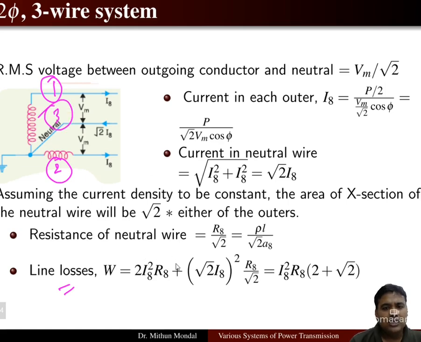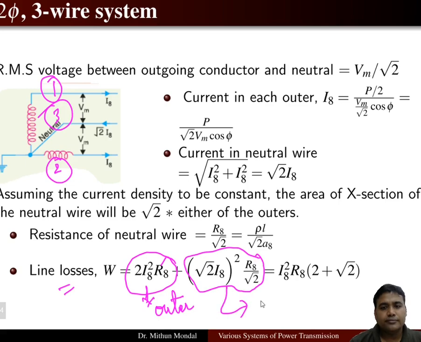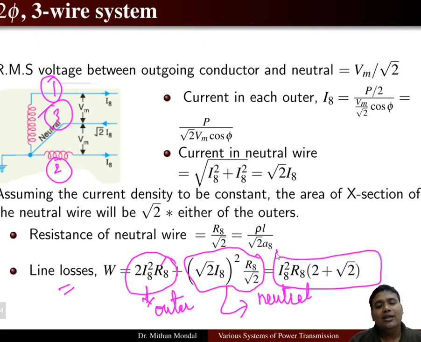So this is due to the outer wires, 2 times I8 square into R8. This is for the outer wire, and this is for the neutral. Okay, so you are getting I8 square R8 into 2 plus root 2. This is the line losses.